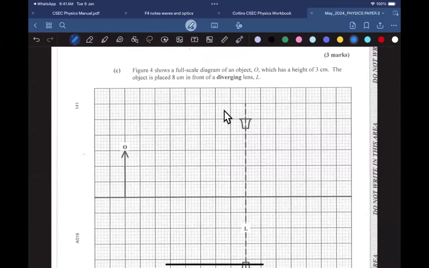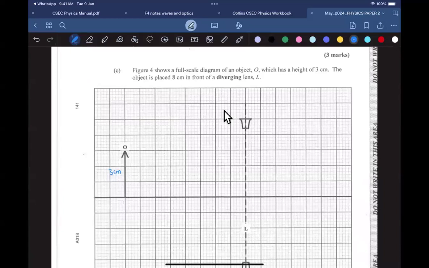Figure 4 shows a full scale diagram of an object O, which has a height of 3 centimeters. The object is placed 8 centimeters in front of a divergent lens L. So they say the object is placed 8 centimeters. What is that? The image distance, the object distance? That's the object distance.